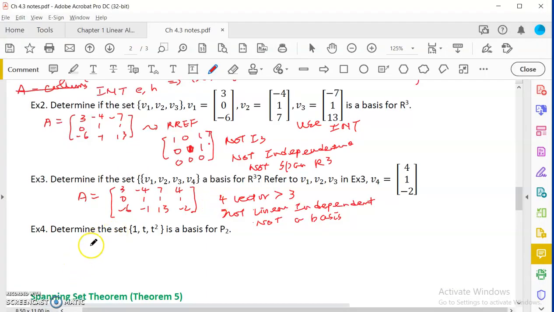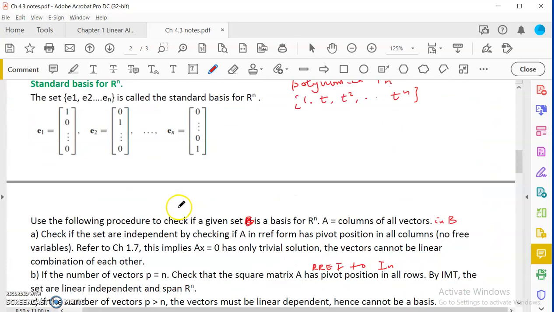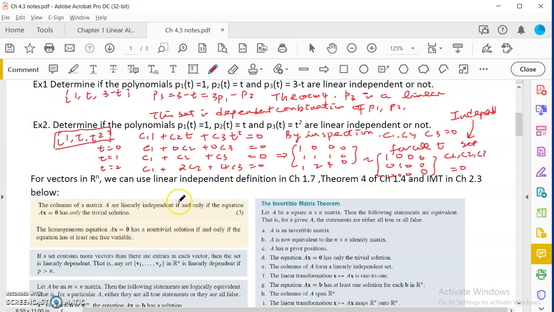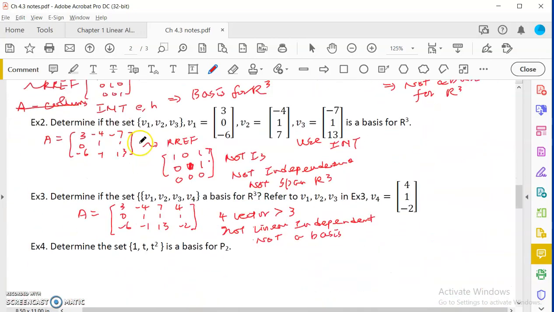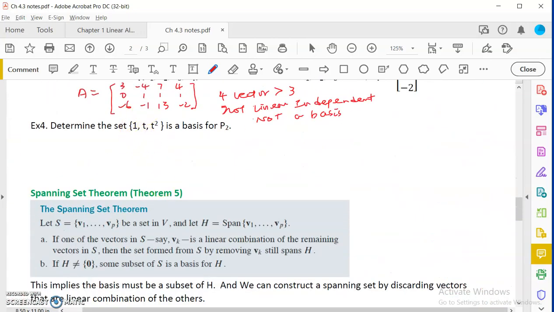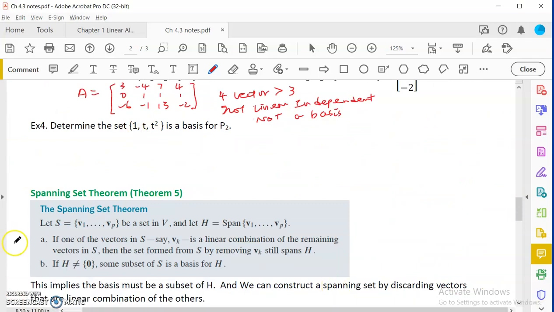Now check whether 1, t, t squared is a basis for P2. Did I already do that in my first video? We checked that they are linearly independent. So we don't know yet if they span P2.